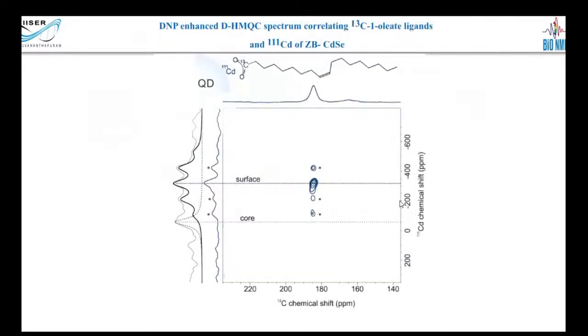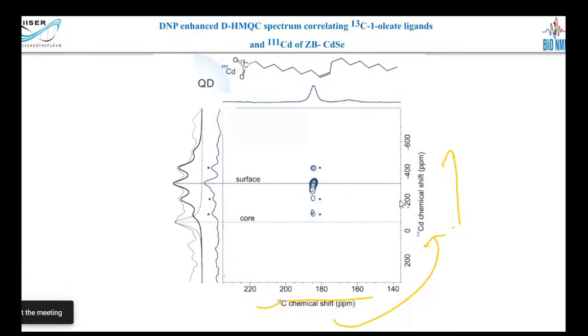Good. You can also see that it is possible to transfer. This is a CP, a 2D NMR where you have carbon 13 in the direct dimension and cadmium in the indirect dimension. So we are basically looking at the correlation between carbon 13 and cadmium.